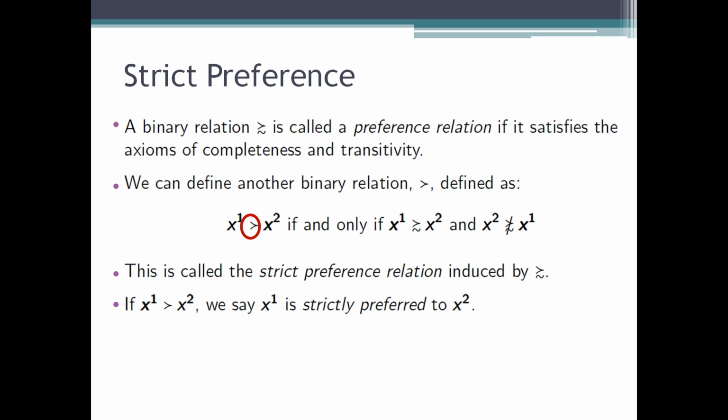In this case, I will say that I strictly prefer x1 over x2, because I will consume higher quantities across all commodities than when I consume x2. Okay, so here we say that x1 is strictly larger than x2 if and only if x1 is at least as good as x2 and x2 is definitely not equal to x1.